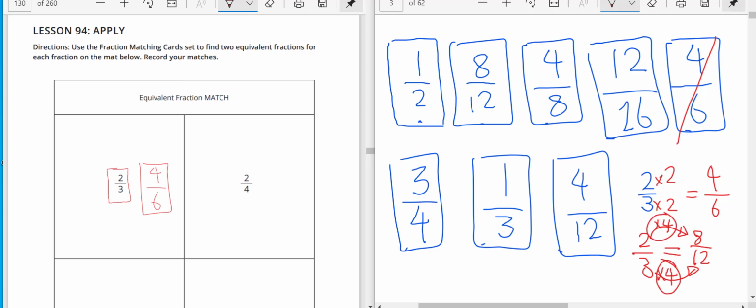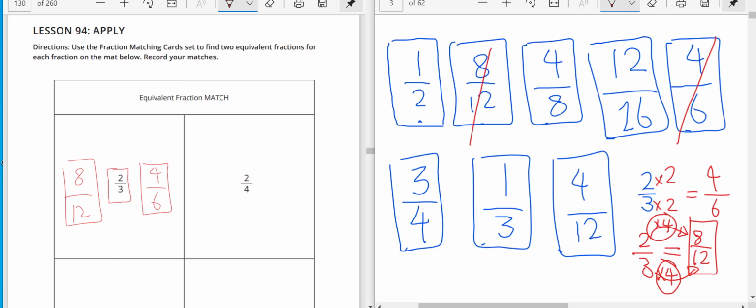So we multiply the numerator and denominator by 4. So 8 over 12 is an equivalent fraction for 2 over 3. Here, 8 over 12. So we will cancel 8 over 12.